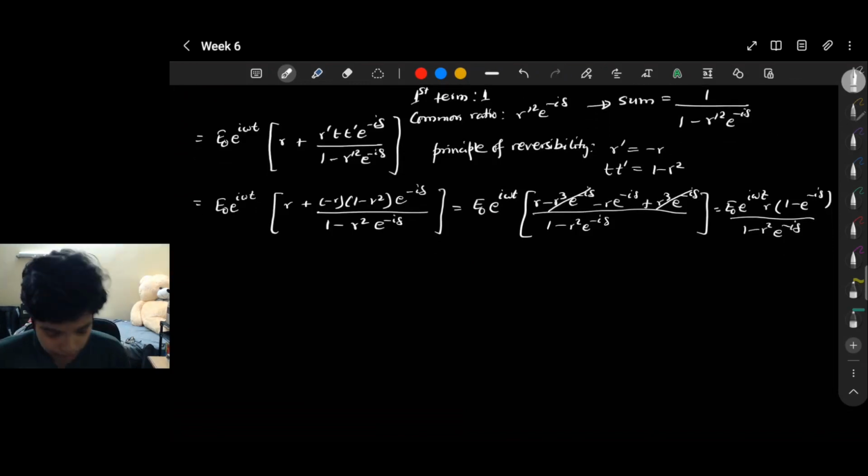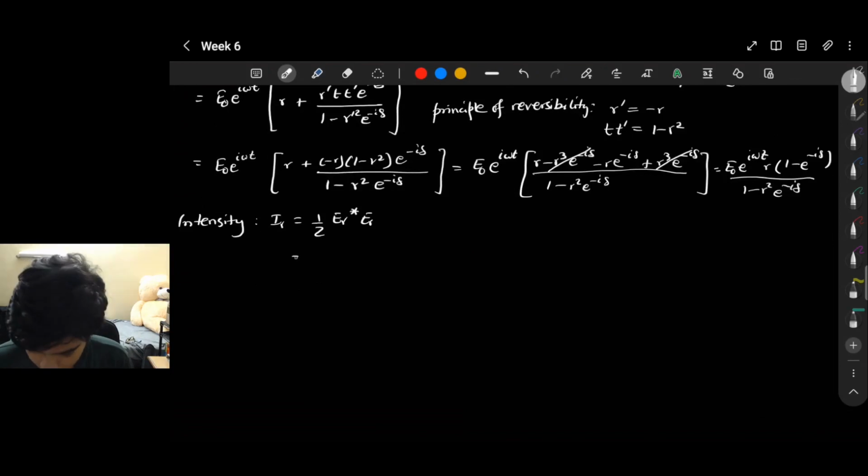Nice. Now the intensity is given as follows: half E star E. So let us find out the intensity. So this would be E naught squared by 2 R squared, then E star.